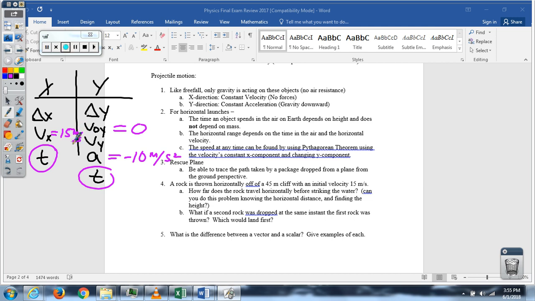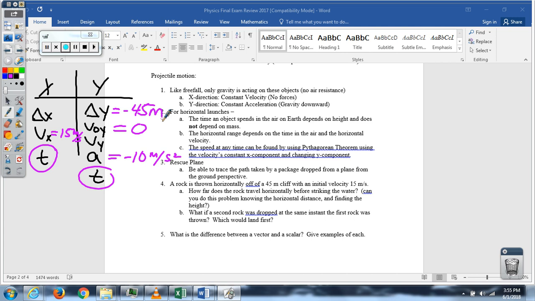If it was at an angle, you'd have to do trig first before finding out what Vx is, and then if it was at an angle, Voy would not be 0. The height is 45 meters. So it drops 45 meters, so you put minus there for drop. And so it would be minus 45 meters.